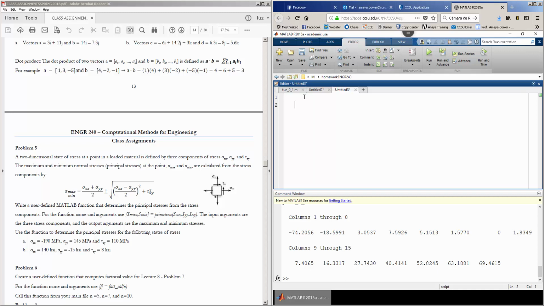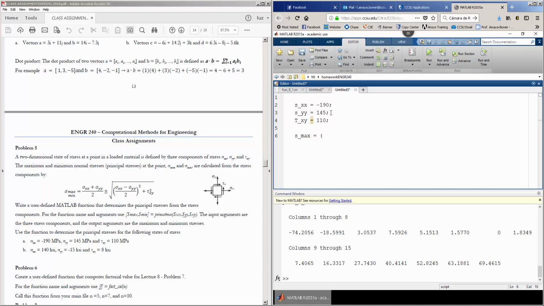So this is sigma xx, and let's just start with 190, sigma yy 145, then you do tau xy, so this is for 110.